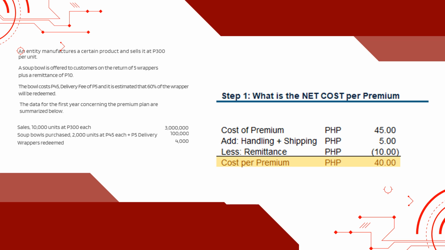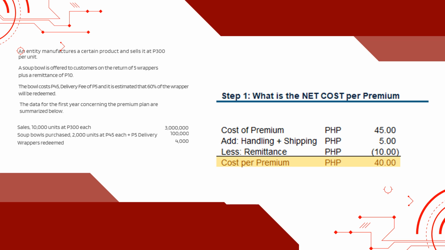So, the first thing I want you to do when you encounter premium liabilities is, of course, we're focusing on the premium, the soup bowl. And the thing that I need you to first understand is, how much is the net cost of your premium? The net cost means the different costs associated with bringing it to its full intention, less any remittance paid by the customer.